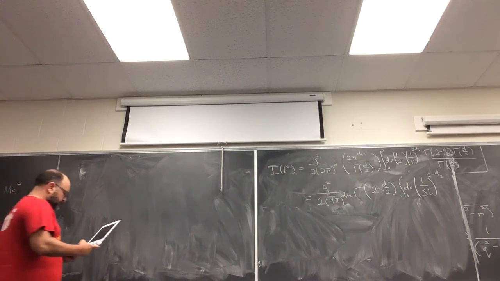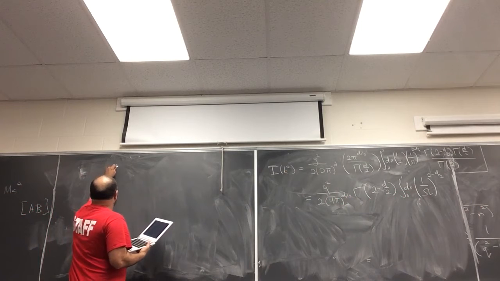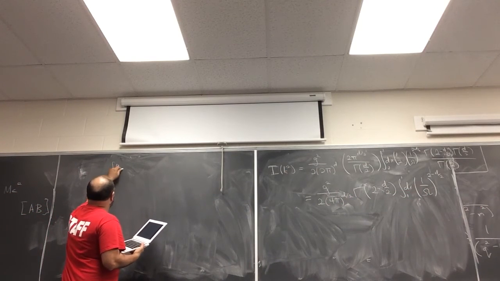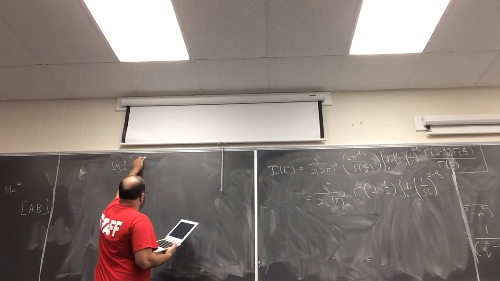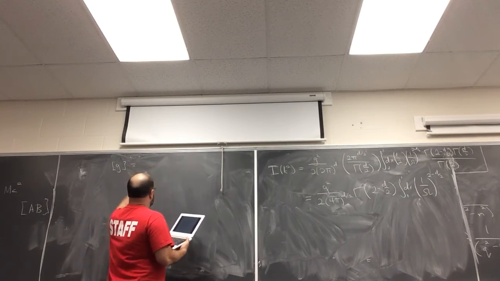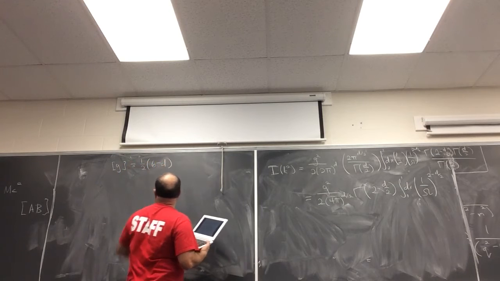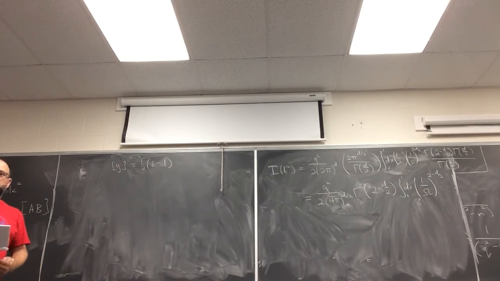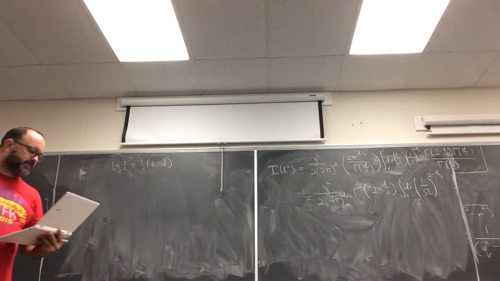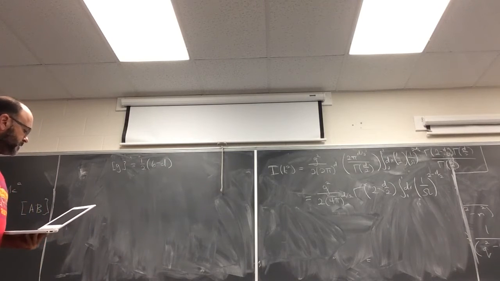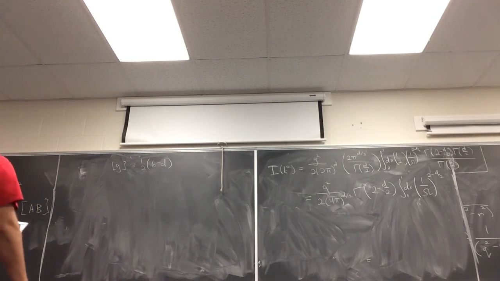We found there that in our phi cubed theory, this coupling has a mass dimension of 1/2 (6 minus d).